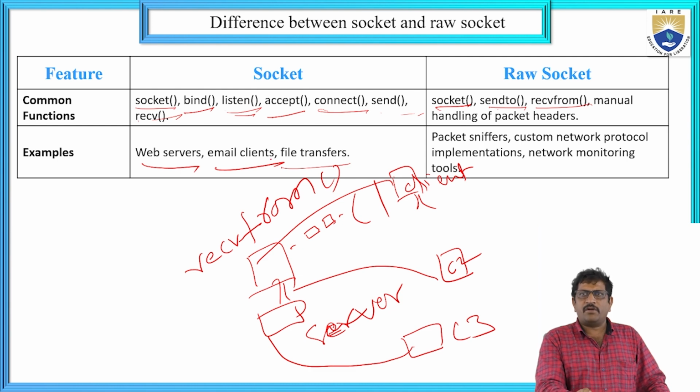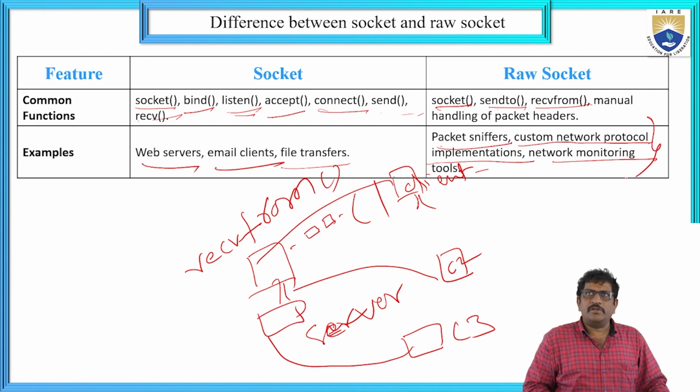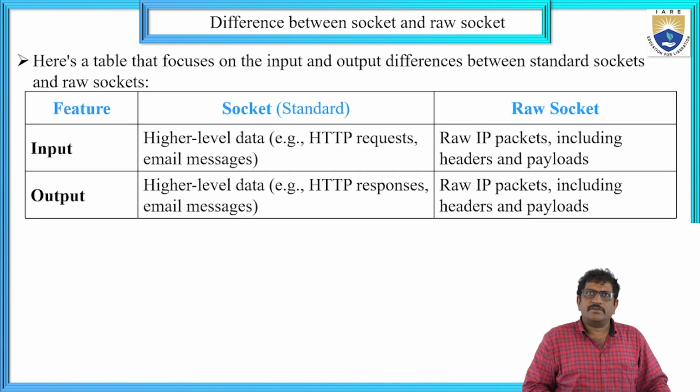In terms of raw sockets, the best examples are packet sniffers, custom network protocols, implementations of network monitoring tools. So these are all the best examples for raw sockets.